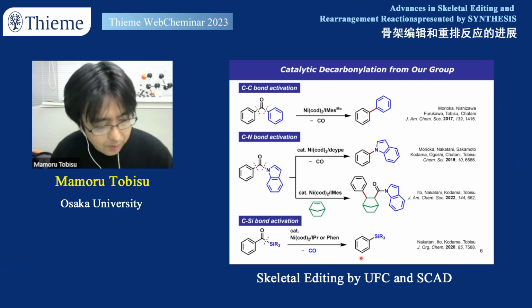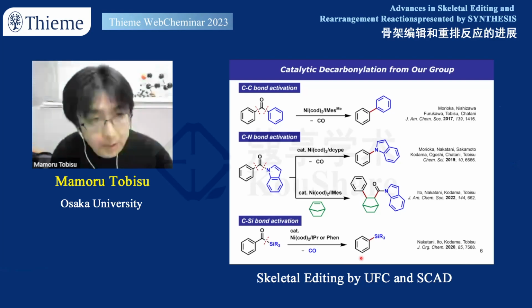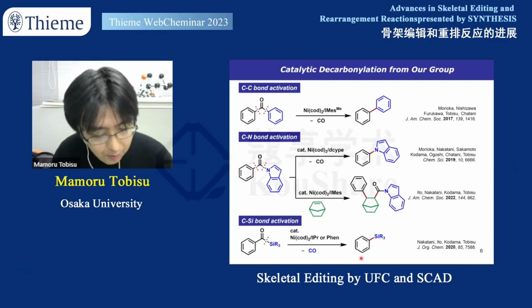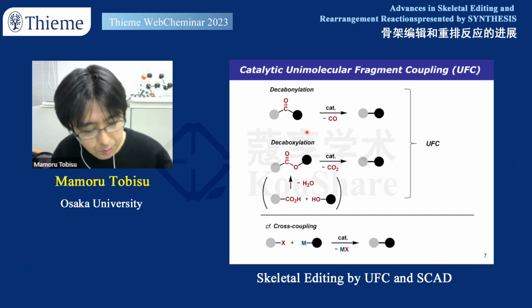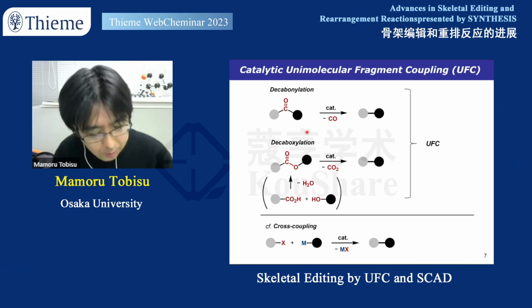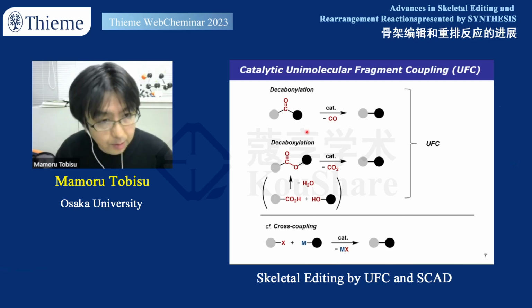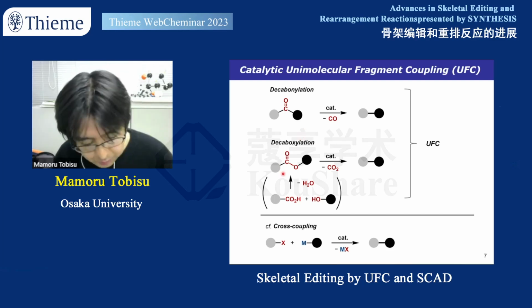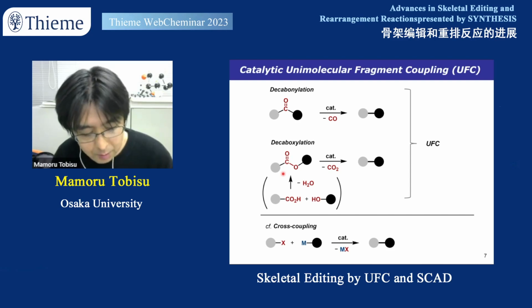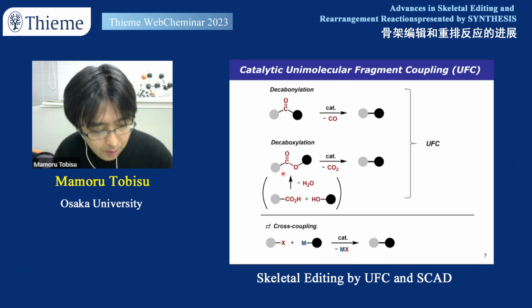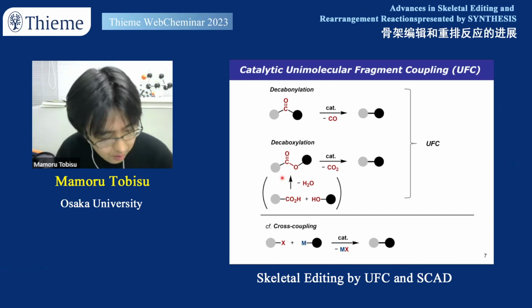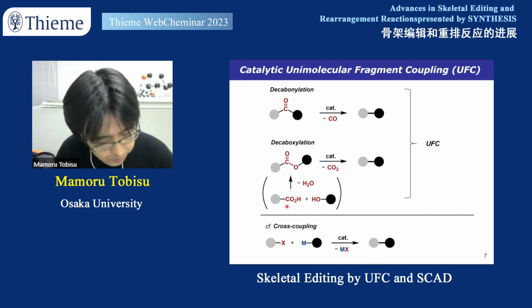As demonstrated in the previous slide, the catalytic decarbonylation of carbonyl compounds is potentially a powerful method for various bond formation using readily available starting materials. And catalytic decarboxylation, where CO2 is eliminated, is an even more ideal reaction format of UFC, because the starting esters can be readily prepared from the corresponding carboxylic acids and alcohols.